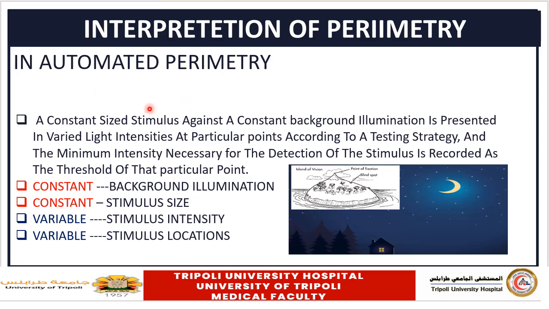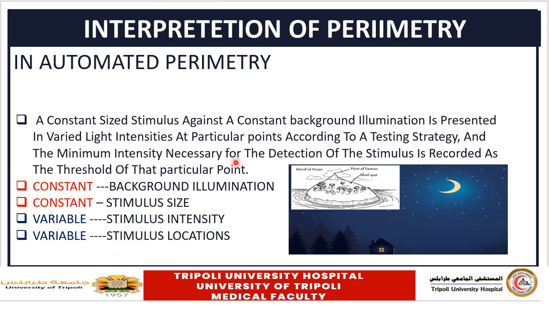So in static perimetry, there is a constant background illumination, which in Humphrey is around 31.5 apostilbs, and in Octopus it differs a little bit from the Humphrey. And also we have a constant stimulus size, usually size 3, Goldmann size. Of course, the size will be changed according to the strategy that you are using. However, we are using variable stimulus intensities and variable locations in the same test.